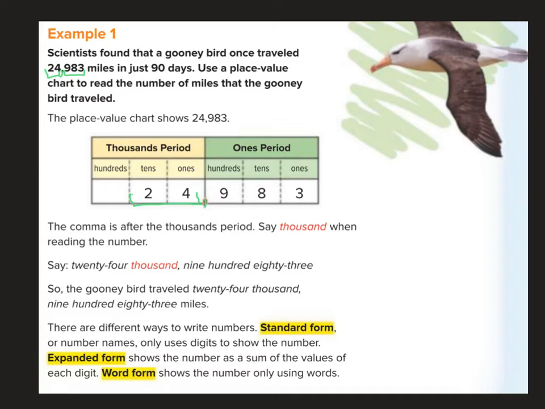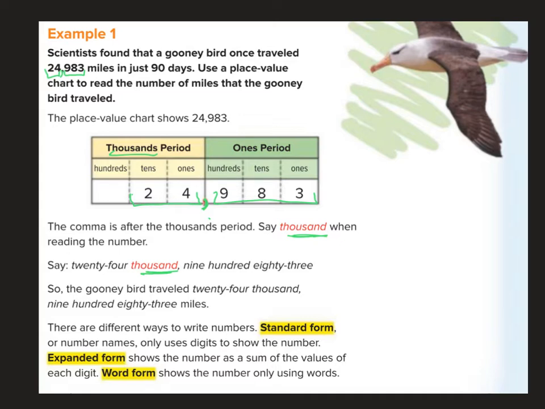Then when we get to a comma, we say the name of it, thousands. The comma is after the thousands period, so we say thousand when we read the number. So the Gr4 bird traveled 24,983 miles.